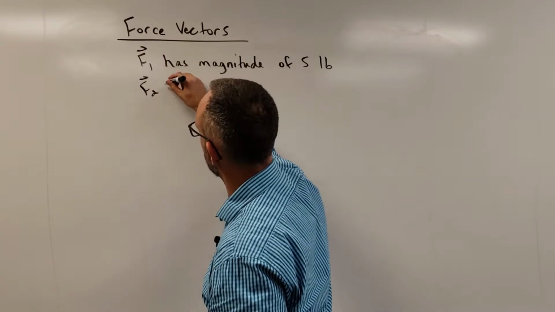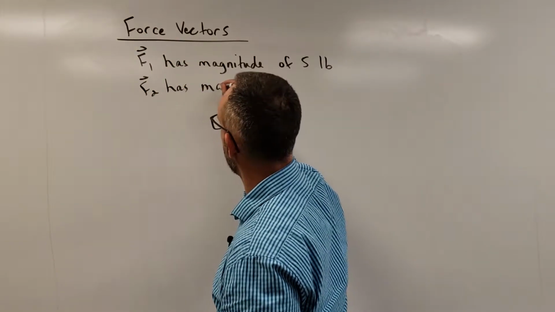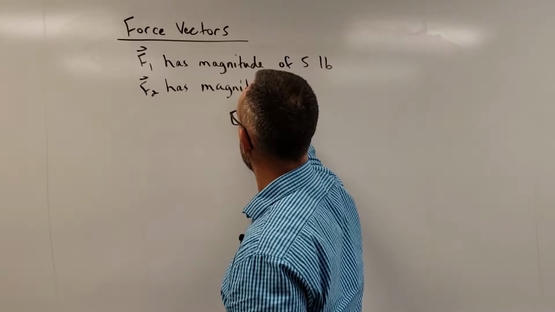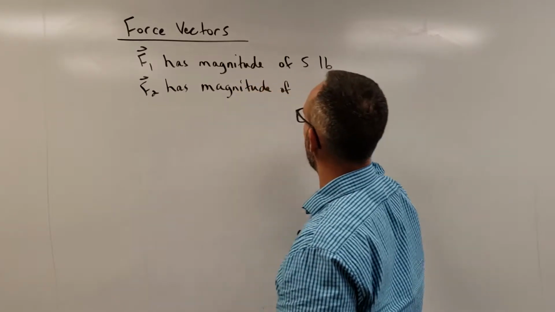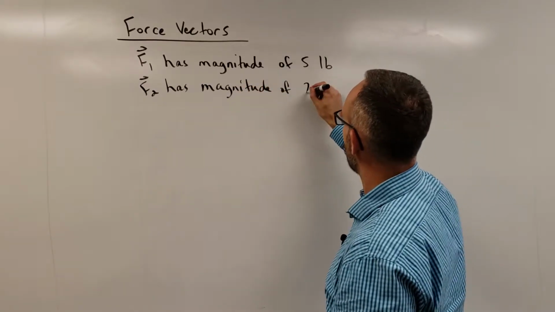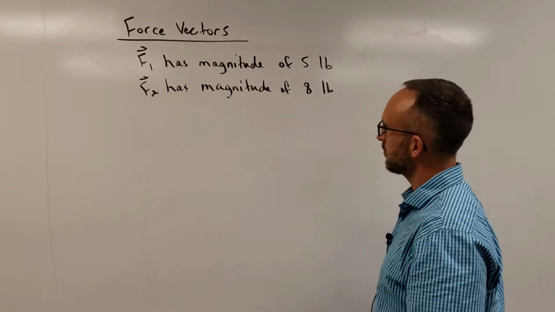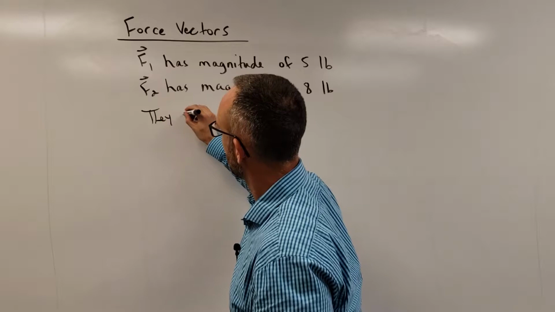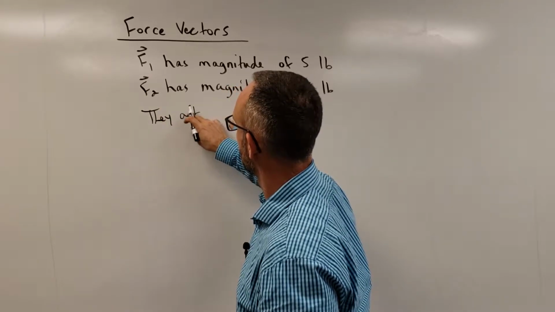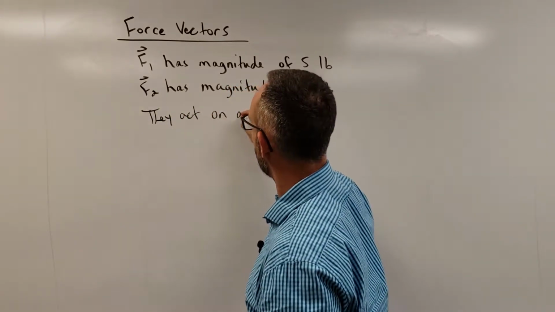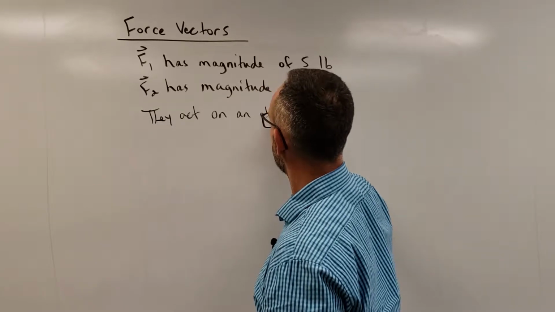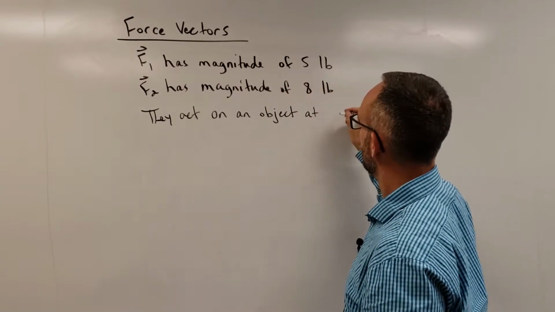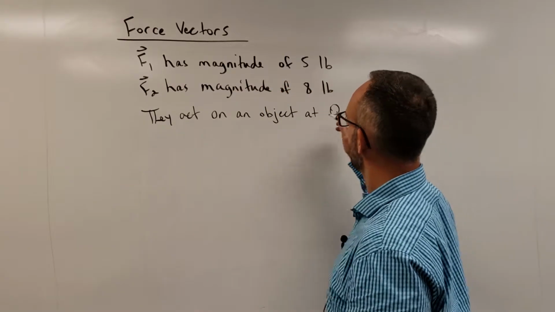Let's label them as such. F sub 2 has a magnitude of 8 pounds, let's say. They act on an object at Q, let's say point Q, as shown.